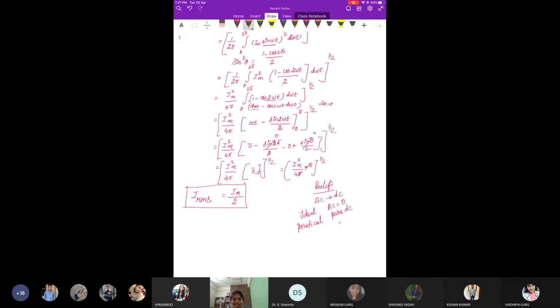Okay, so today we will see the other parameters also, how to analyze a rectifier. You have to at least know the value of DC current and RMS value. If it is DC current, remember the value is Im by pi. If it is RMS value or AC, the value is Im by 2.